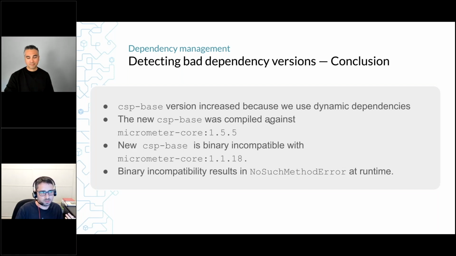But when our code was compiling against a newer version, it started to fail. That's because there was a method that didn't exist in the older version. So it was trying to use a method that doesn't exist in the classpath, because in the classpath it gets the older version. That's why you got the NoSuchMethodError.